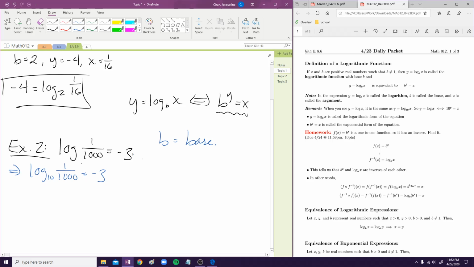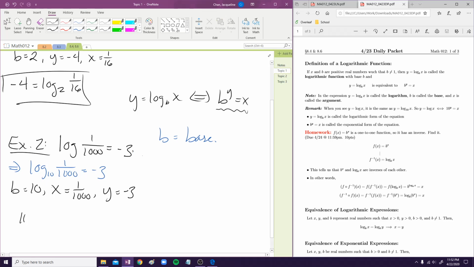Remember, when there's nothing there, there's a 10, an invisible 10, as if we were taking a square root with an invisible 2. So b is 10, x is equal to 1 over 1,000, and y is equal to -3. So this is equivalent to 10 to the -3 is equal to 1 over 1,000.